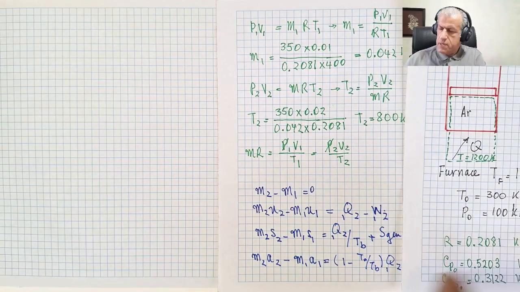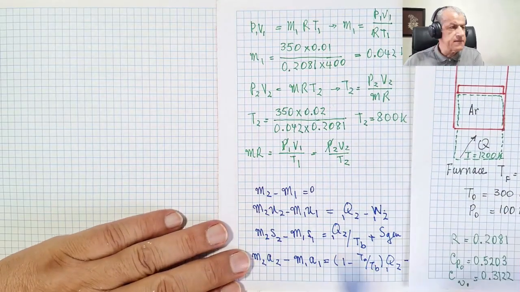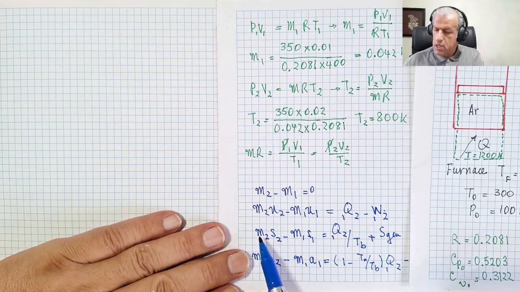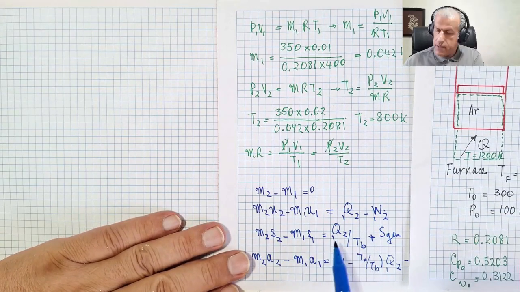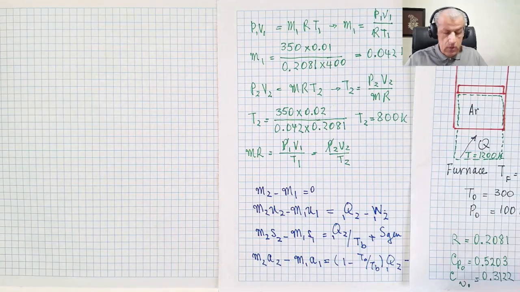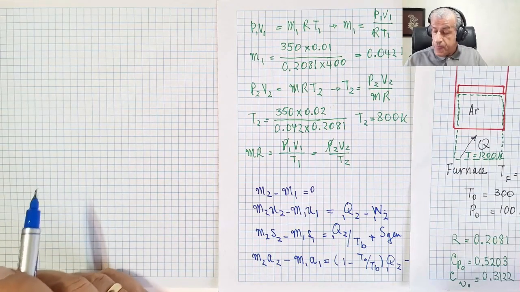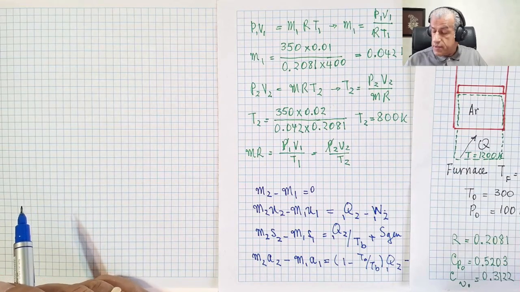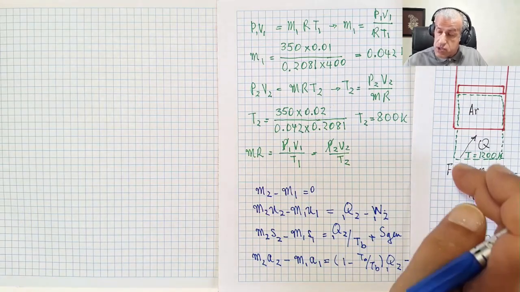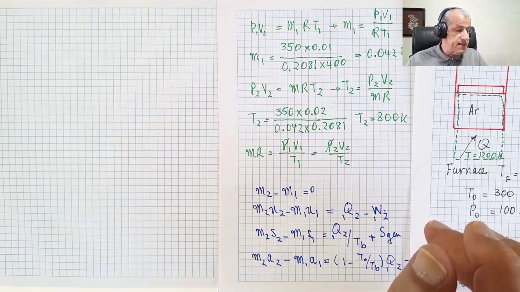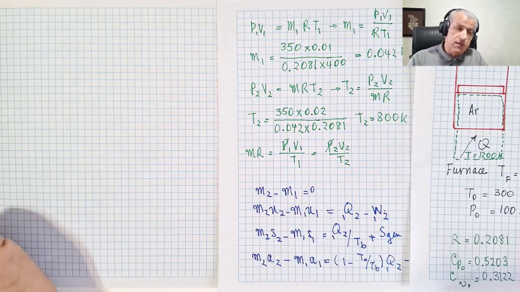As for the second law of thermodynamics, this is the equation we're talking about. And what we shall do for it is to calculate each term of it for the boundary that we have selected and per unit mass.